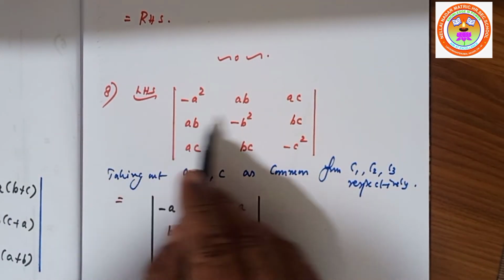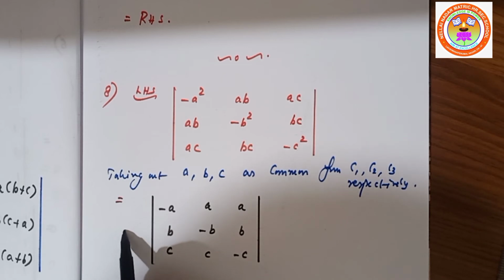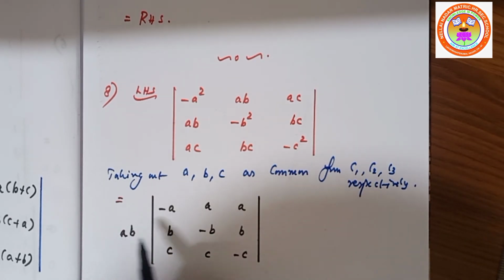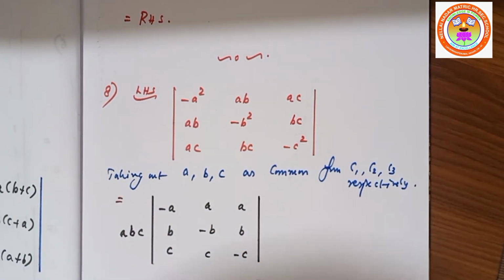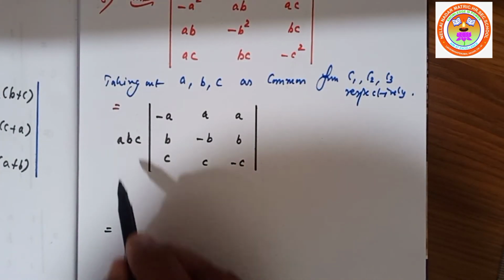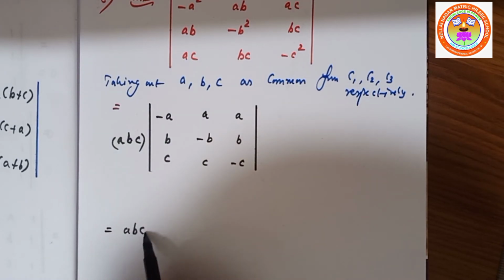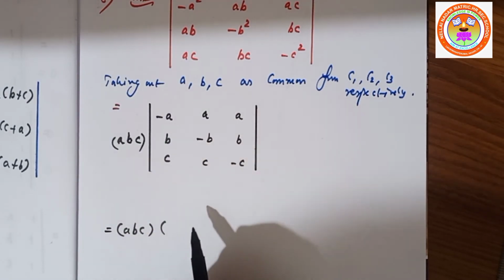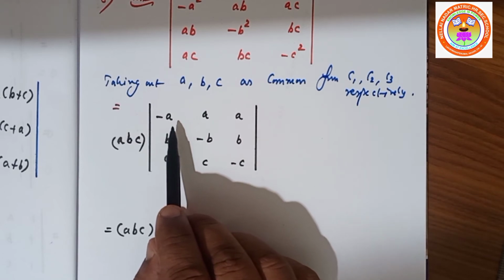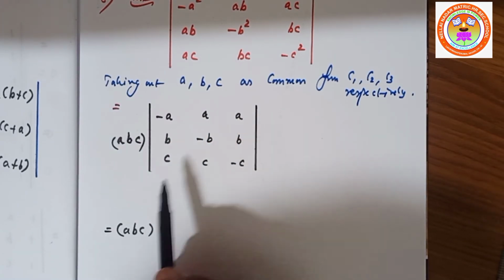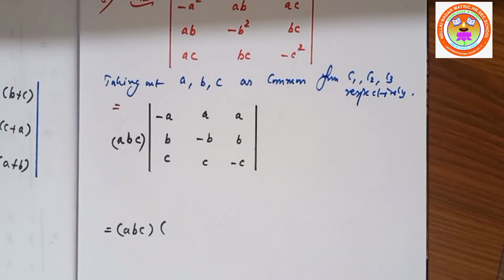So I have taken A as common from the first column, B as common from the second column, and C as common from the third column. That is equal to, write this ABC as it is, into, once again I am taking A as common from R1, B as common from R2, C as common from R3.